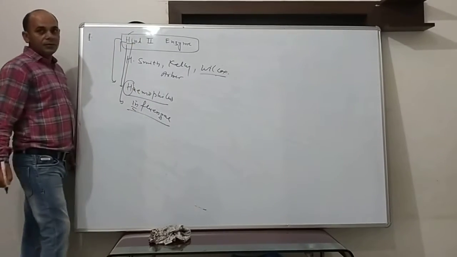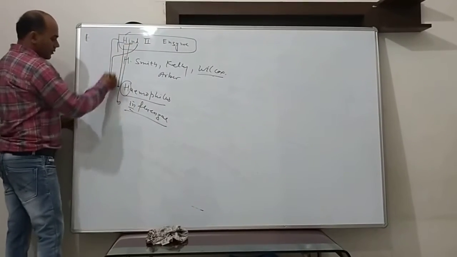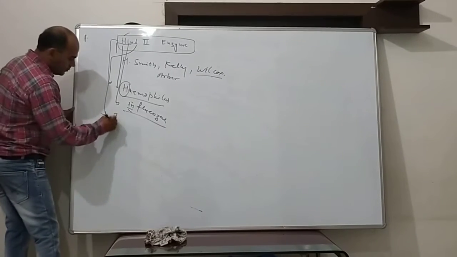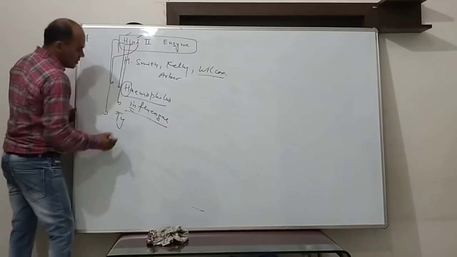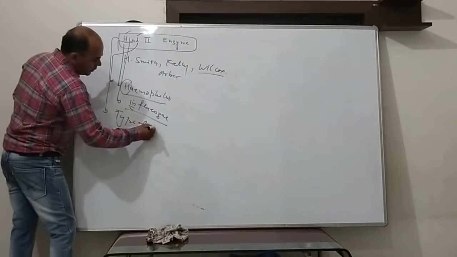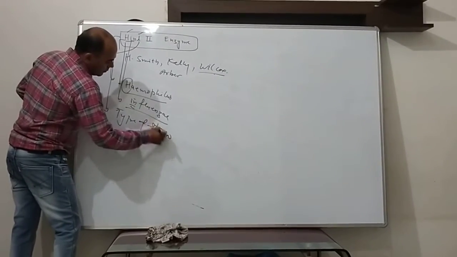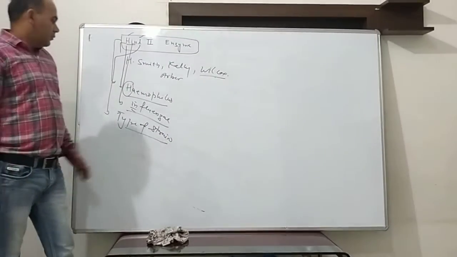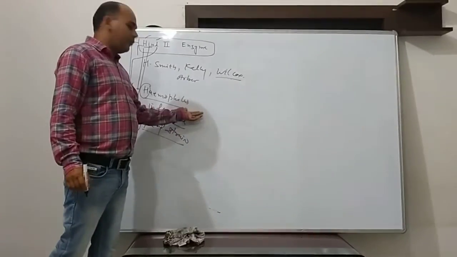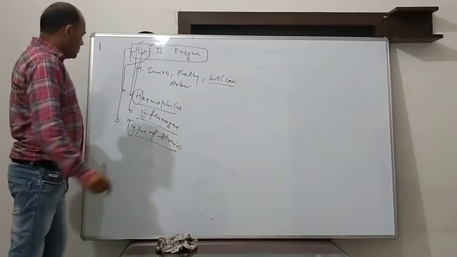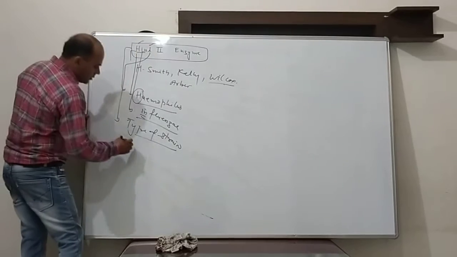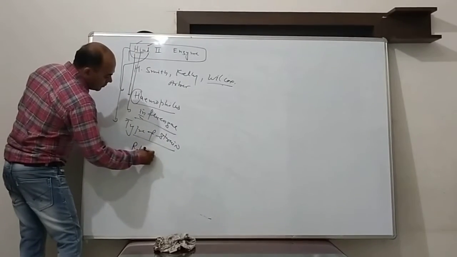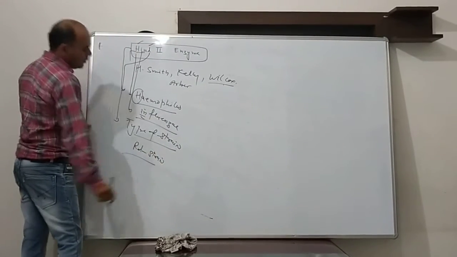The letter d indicates the type of strain. The strain means what type of bacteria. In real, this is called Rd strain.